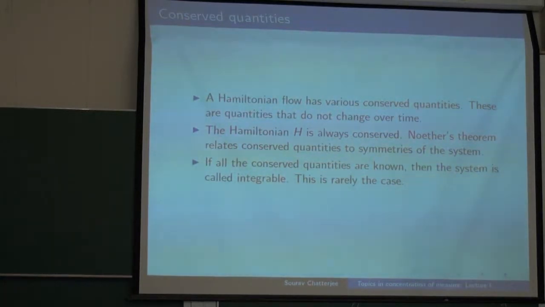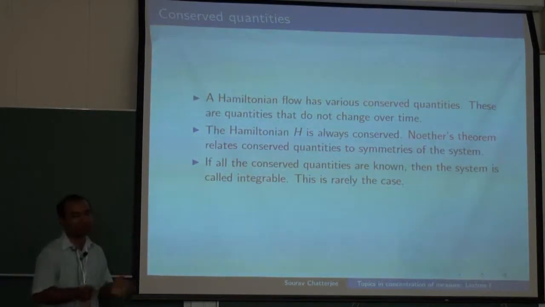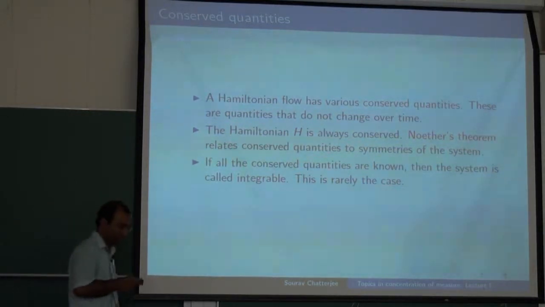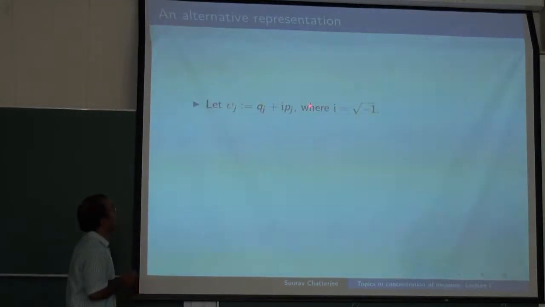Okay. So is this clear? Probably most of you already know all this, but anyway. You have these Hamiltonian flows, and they have conserved quantities, and the system is integrable if you know the conserved quantities. You can represent it in an alternative way using complex valued functions.